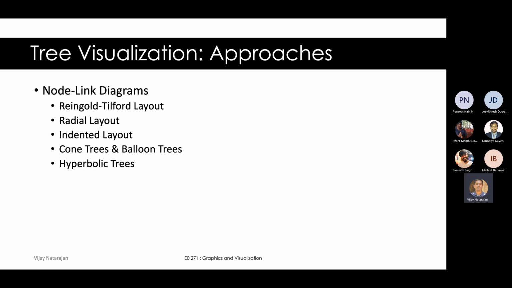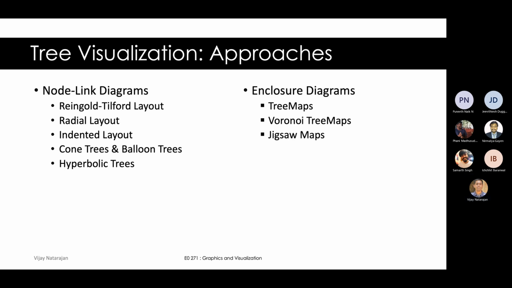As the name suggests, these are layouts where you use some kind of a glyph, like a disk or some kind of a shape to indicate a node, and the links between these nodes, or arcs between the nodes, are represented as edges or as curves. We will quickly see examples of the techniques that fall under the node link diagram.